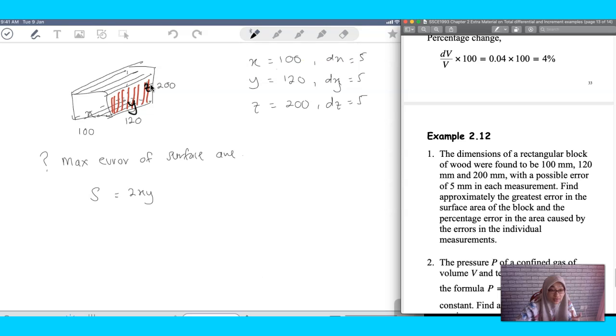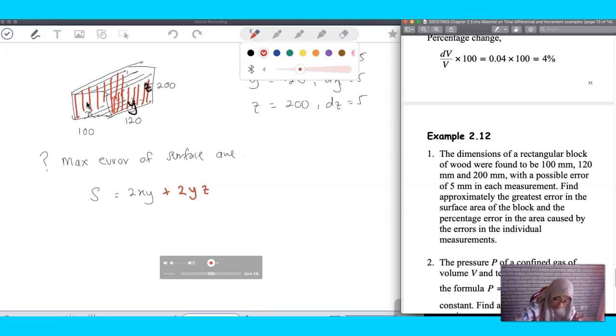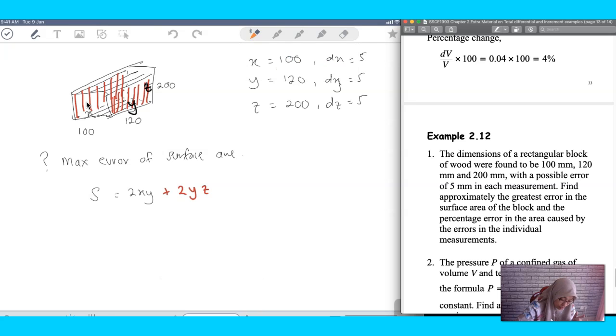So yz, and because you have two sides, we have plus 2yz. And then you have the surface in front here.